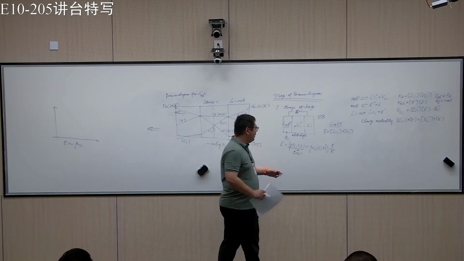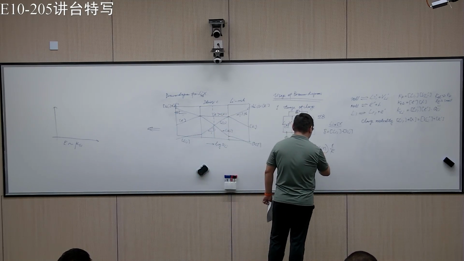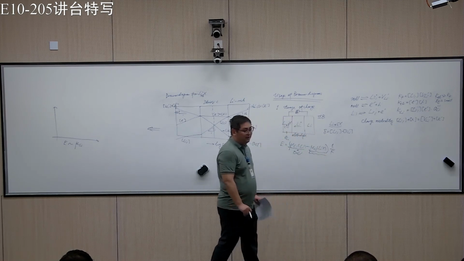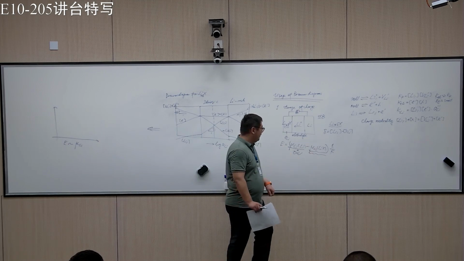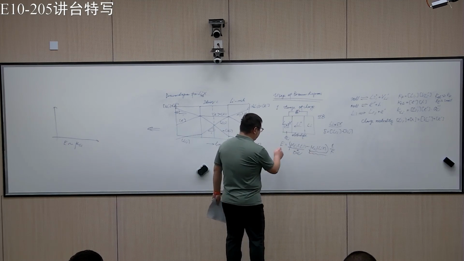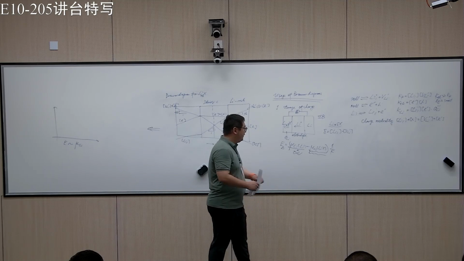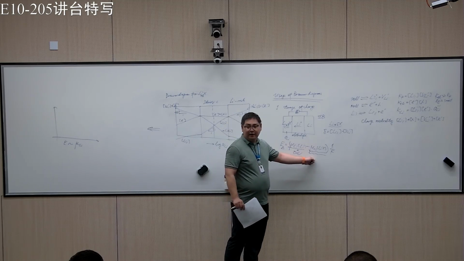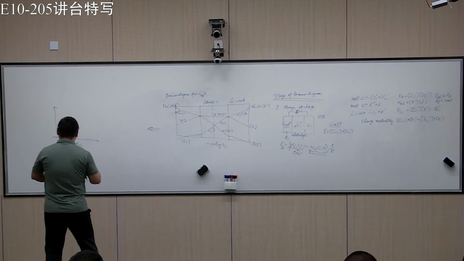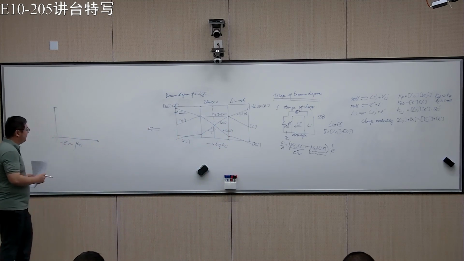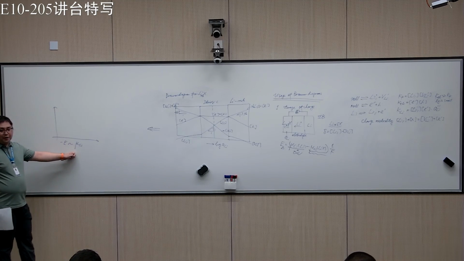However, this thing actually changes, depending on the concentration of the lithium in the sample. So you can see that the voltage is really determined by the chemical potential of this one. If I write minus E, it's basically the chemical potential of lithium.